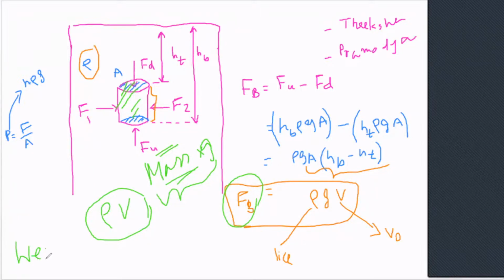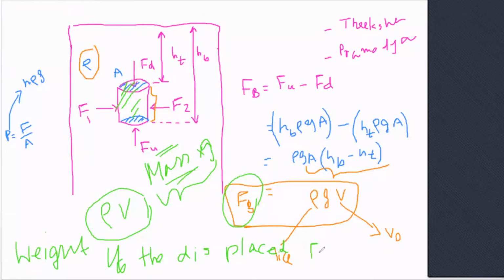Weight of the displaced fluid. You have to remember that well. Displaced fluid is equal to the buoyant force. And the buoyant force is equal to the weight of the displaced fluid.